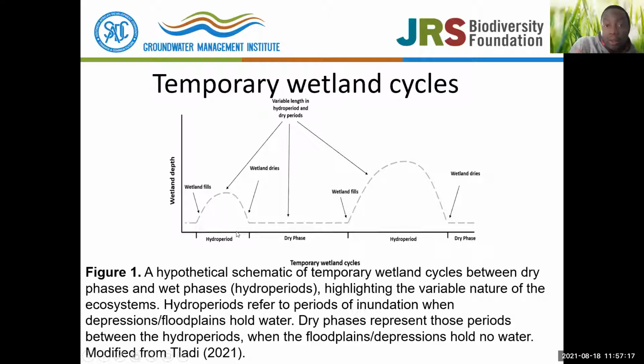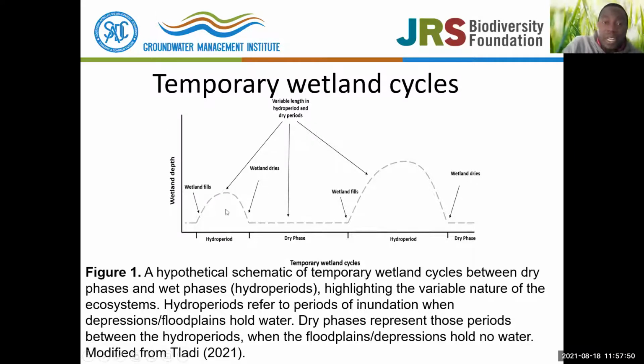So in one season, your pan can be half full, and that results in a relatively shorter hydro period. When the hydro period is shorter, it means that the animals and the plants that live within that pond need to emerge and reproduce and die off within that narrow window.